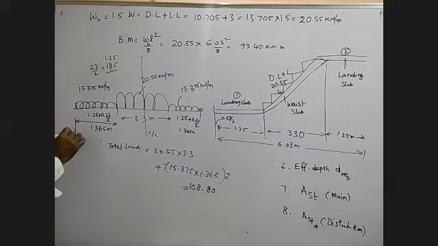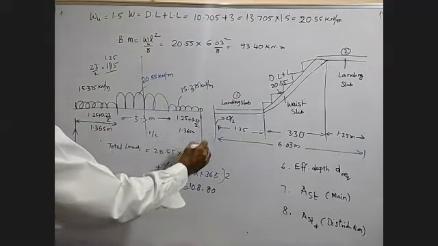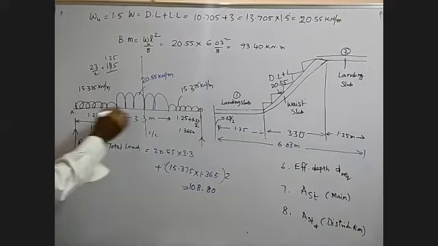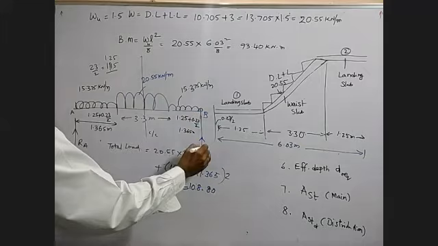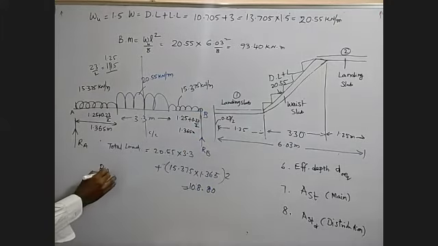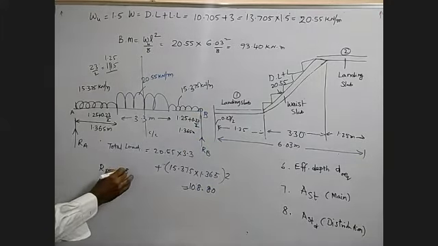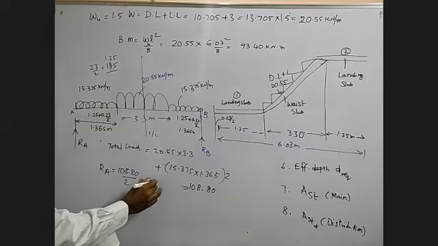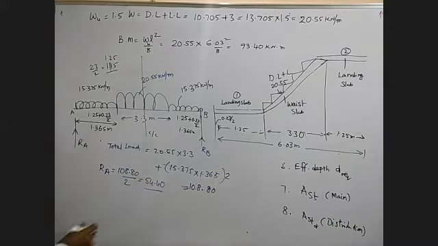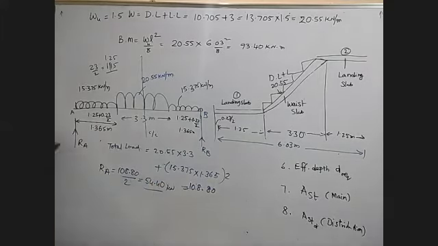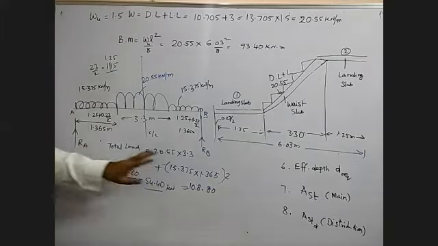Now we'll find out the reactions RA and RB. This is A, let us say B, RB. RA is equal to half of this, 108.8 by 2, 54.4 kilonewton. Now the total load is 108.